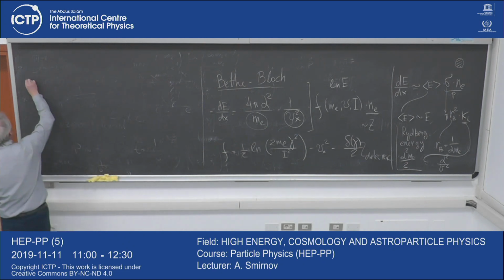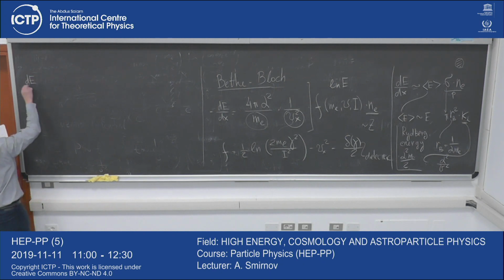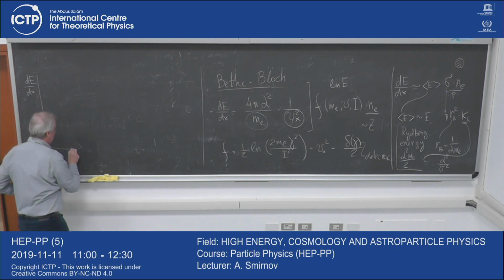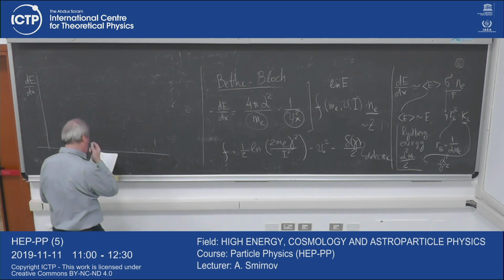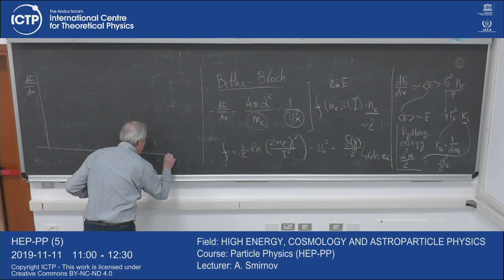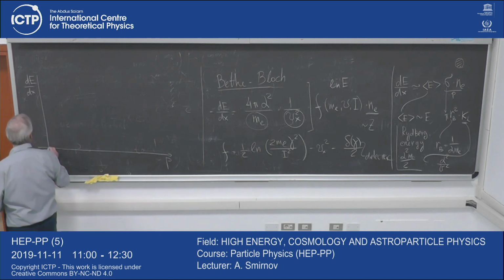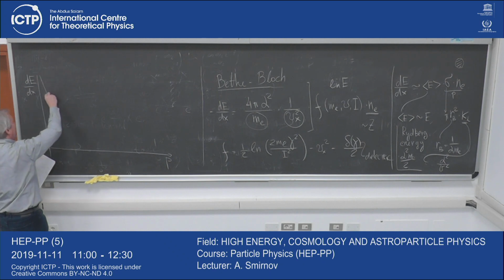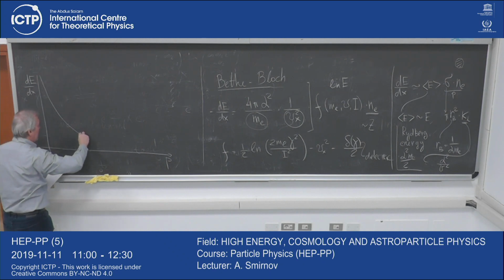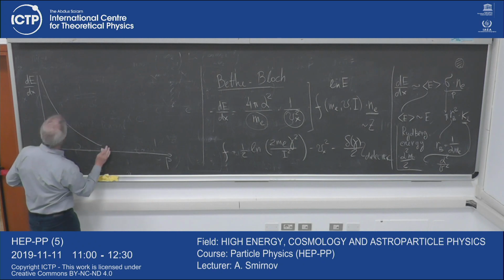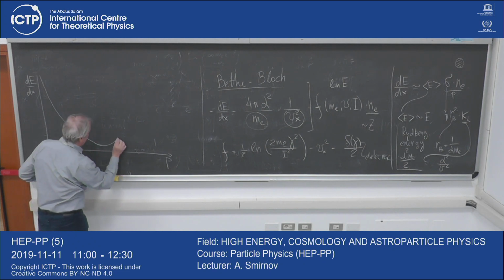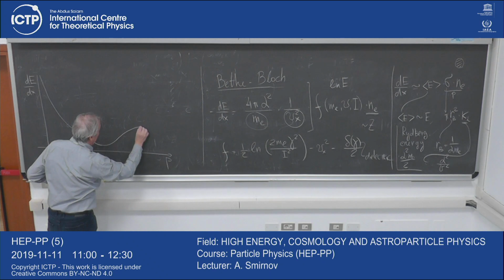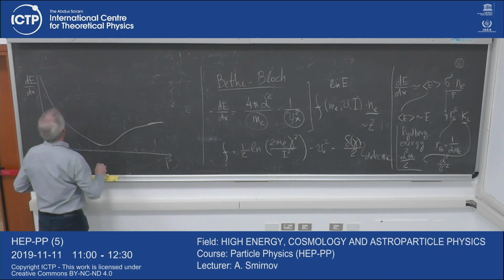So let me show you dE over dx as a function of velocity, or of the momentum of the particle p. The typical dependence is like this, then some minimum, and then there will be a logarithmic growth with the momentum of the particle.